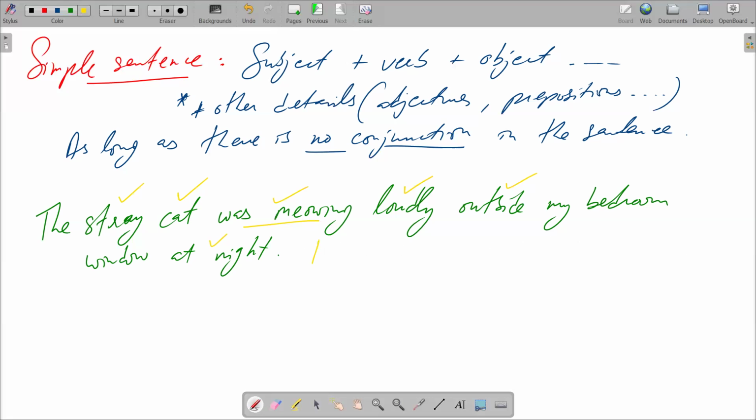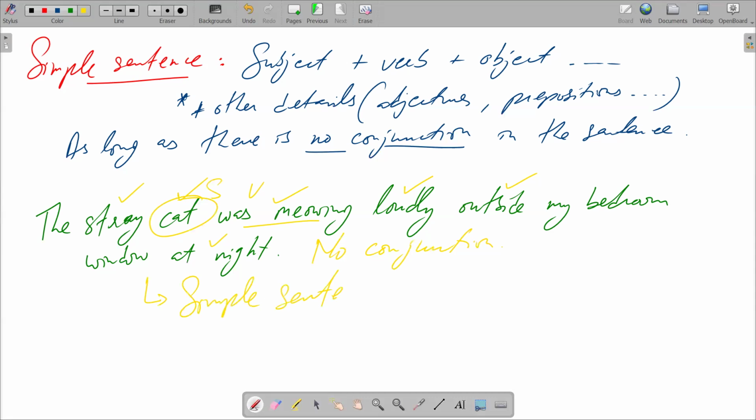But you can see that there is no conjunction, right? And you are meeting the requirement of subject and verb, right? So that's the S, that's the V. The subject and verb requirement of a sentence is being met, and whatever detail you've included, there is no conjunction of any sort being used over here. And so this still qualifies as a simple sentence.